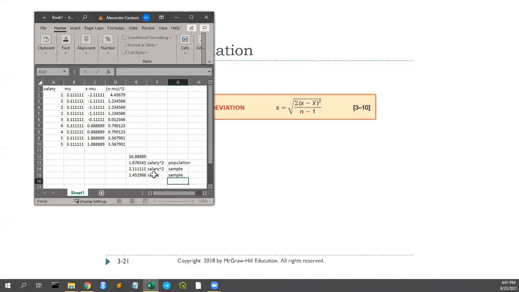This is, again, sample. So what this number is saying, if I randomly select one from this group here, on average, if I do this experiment 1,000 times, if I keep pulling, the average distance away from the mean will be 1.45.